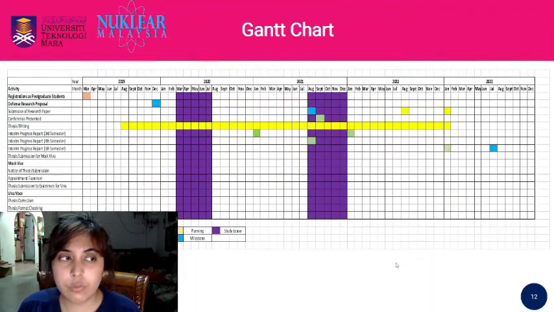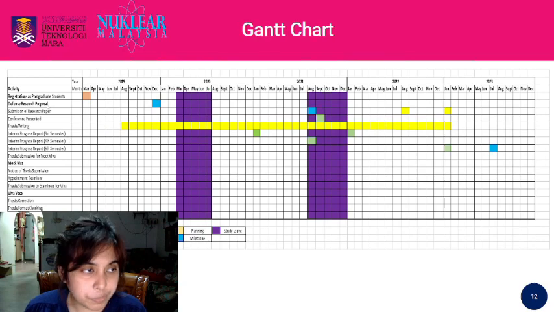So for the Gantt chart, this is the Gantt chart across the years. You can see the registration during 2018, and the different December, and then thesis writing. This is where I took study leave and continued back to writing. This is where I took the study leave.